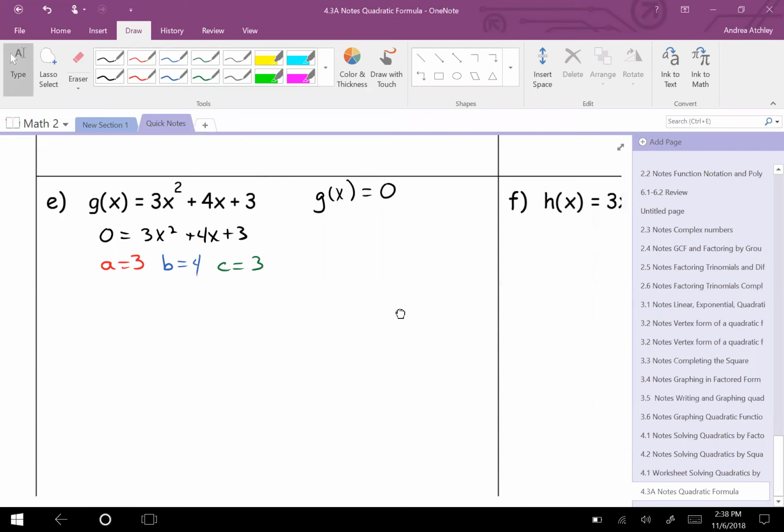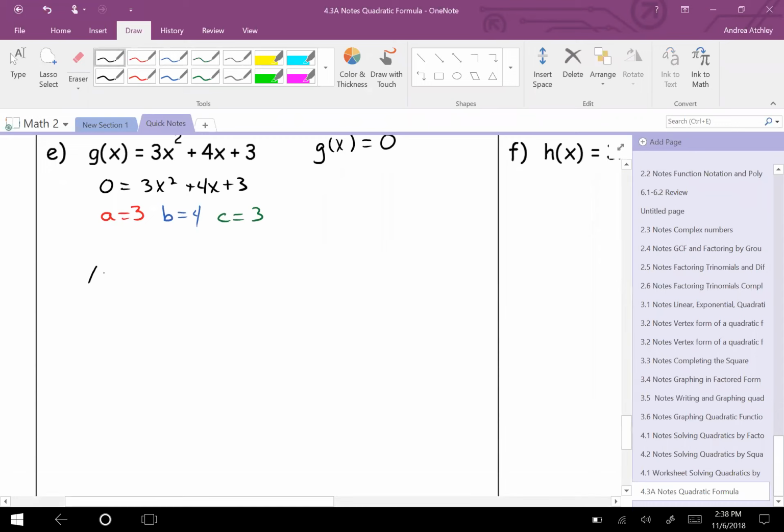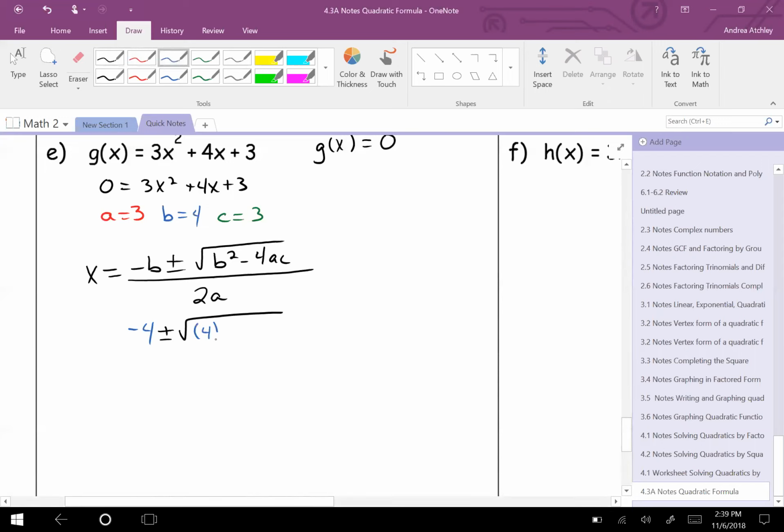So I plug it in. X equals negative b plus or minus square root b squared minus 4ac all over 2a. So you get negative 4, then plus or minus the square root of 4 squared minus 4 times 3 times 3 all over 2 times 3.